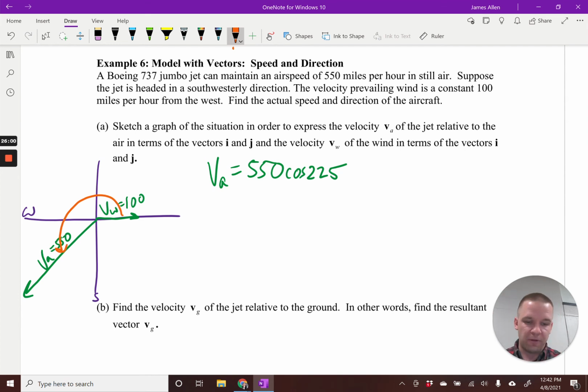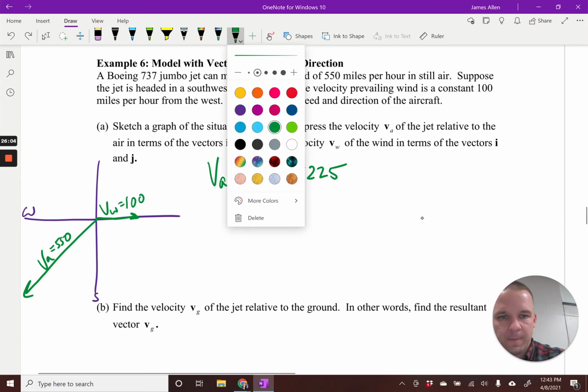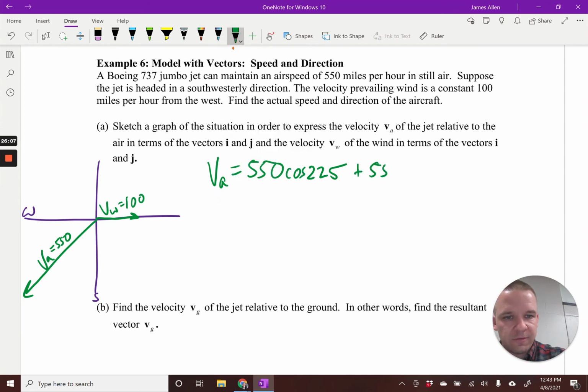So that's 180 plus 45. There we go, 225. All right. Plus 550 sine 225. My goodness, I almost forgot my i hat, j hat. There we go. Cool. So that's the velocity of the aircraft.